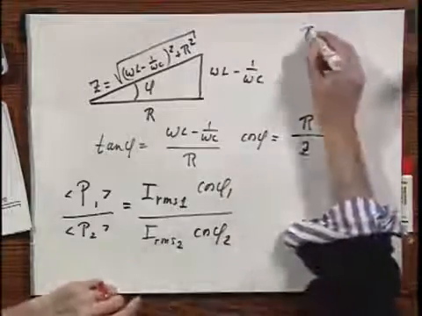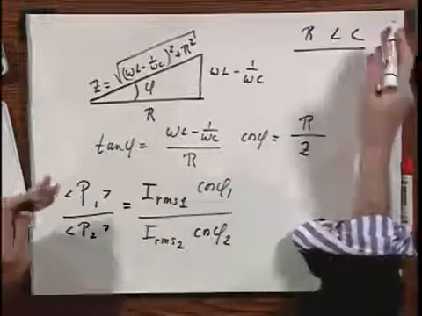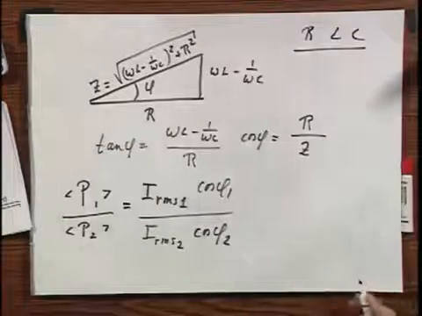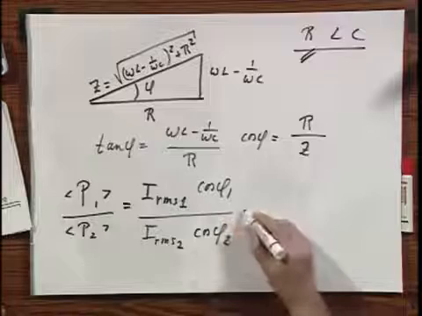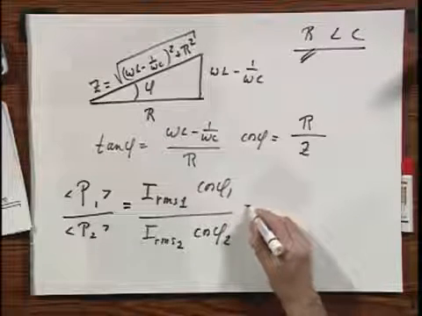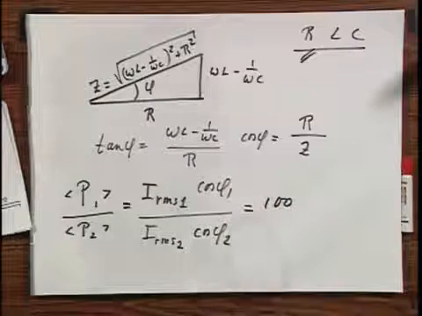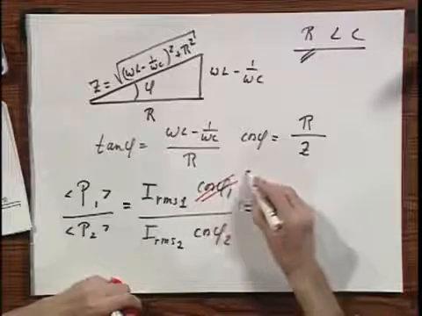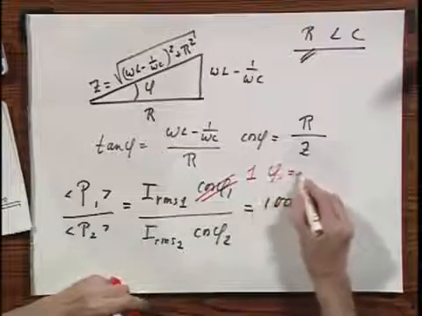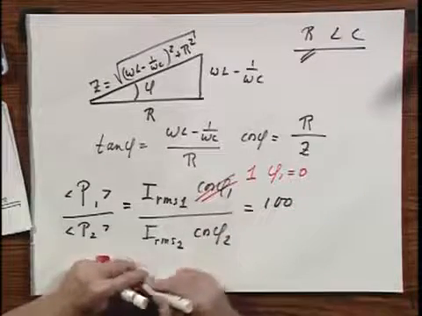Remember, the values for R, L, C are values that are going to be given. In fact, you have to calculate R now. And this value now we want to be 100. Now at resonance, cosine phi 1 equals 1 because phi 1 equals 0. You can immediately see that here.